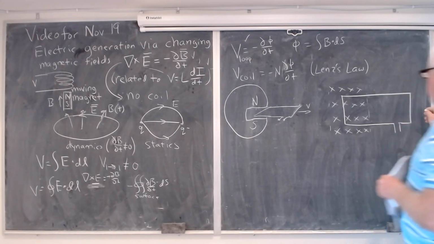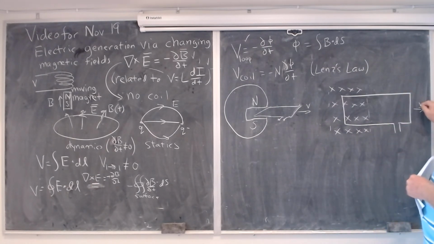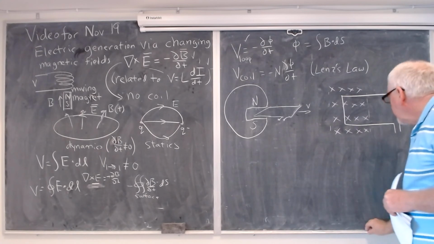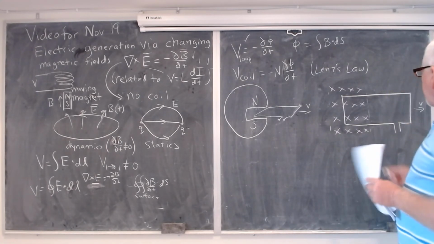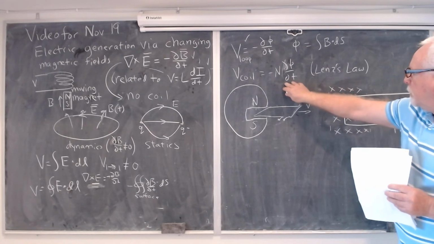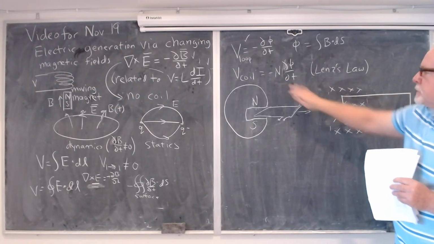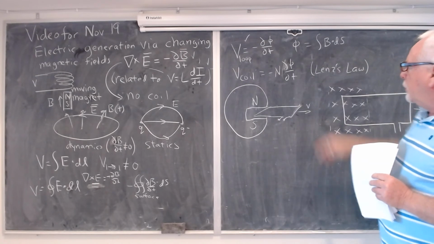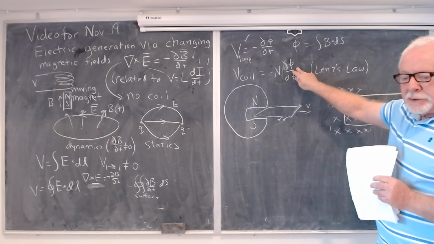And my coil is moving with the velocity v. Now, this is the important thing to realize about Lenz's law: it's based on the rate of change of the flux.